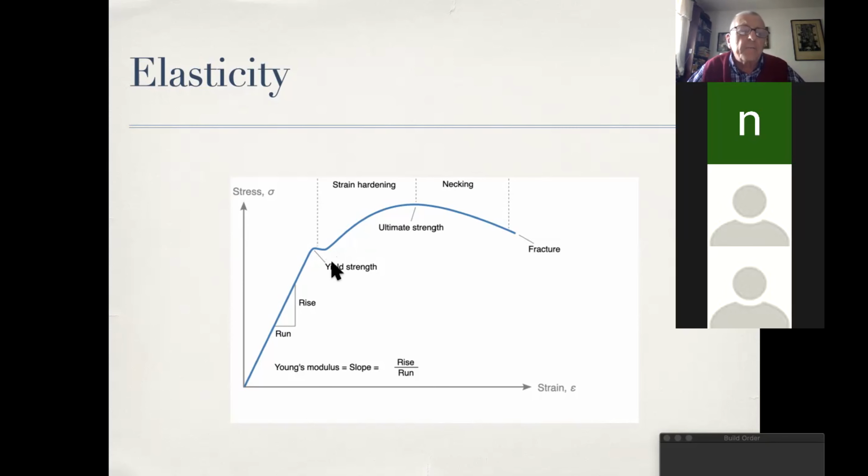And when we keep going with applying higher stresses or larger deformations, then the stress-strain relation starts to become like this. It looks like all of a sudden the material becomes stronger again. And this is called strain hardening.